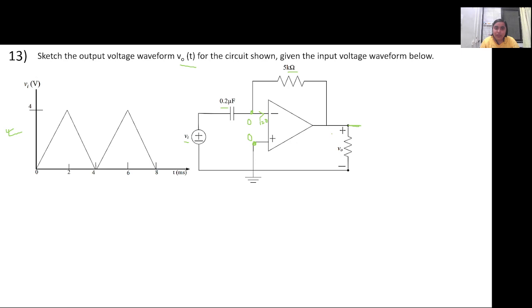So let us just write first V naught in terms of Vi, and then we will draw the waveform. We can apply KCL at this particular node A. Now that you have solved one question based on capacitor, can you tell me what will be the KCL equation?